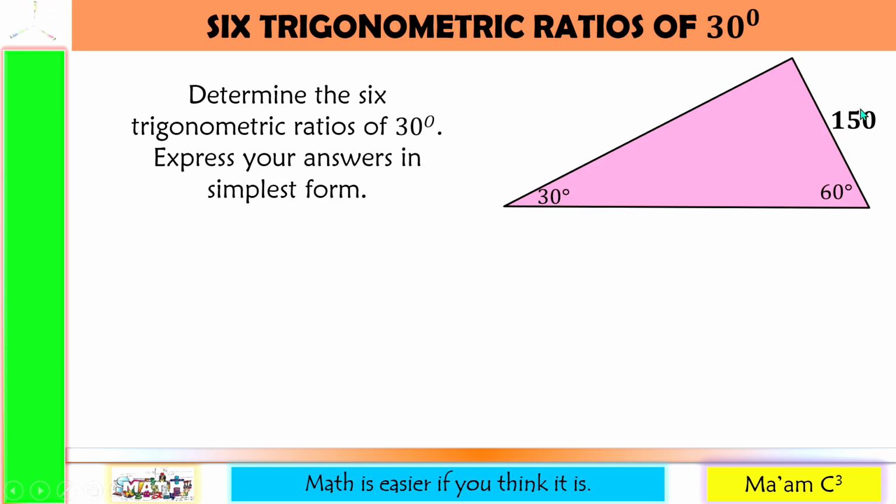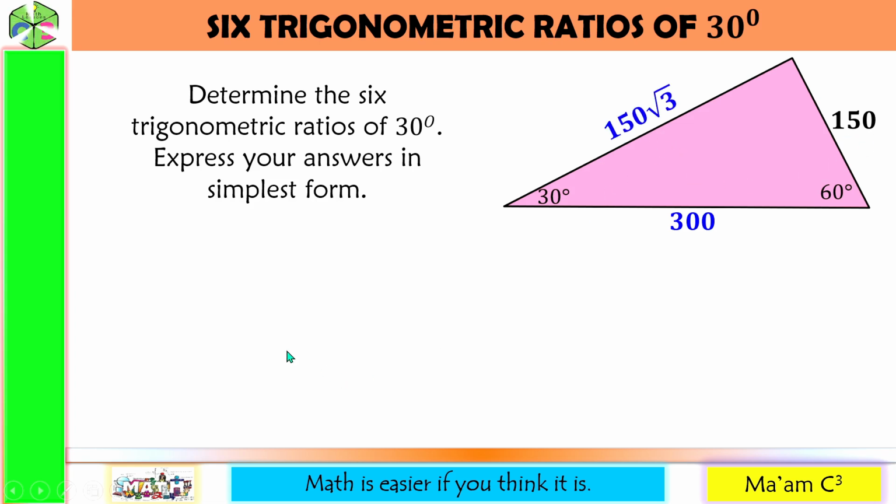If you have the shorter side, multiply it by 2, and you will have the hypotenuse. Where is the hypotenuse? The hypotenuse is the side in between the 30 and 60 degrees angles. 150 times 2 is 300. For the longer leg, 150 times square root of 3.